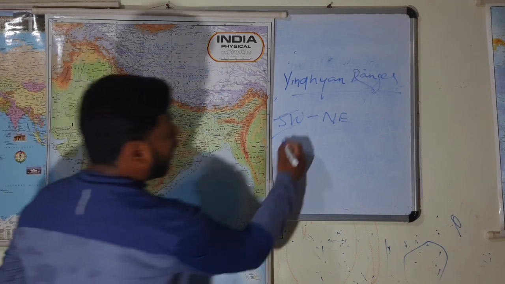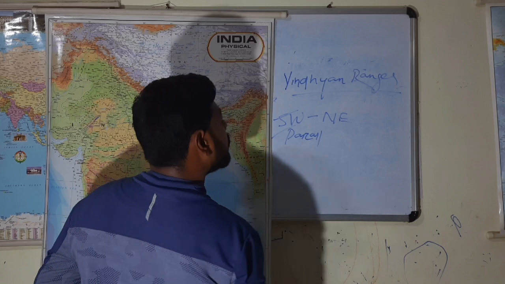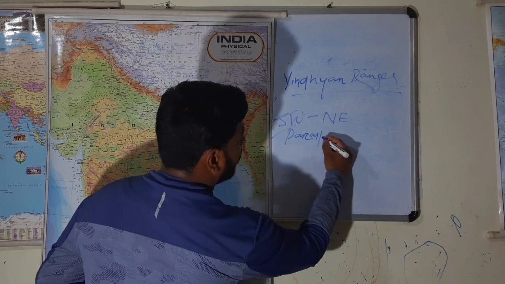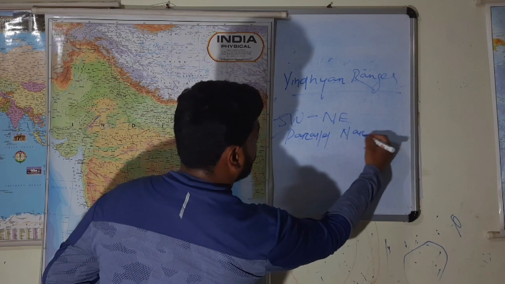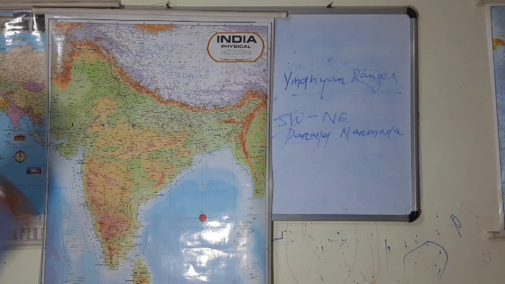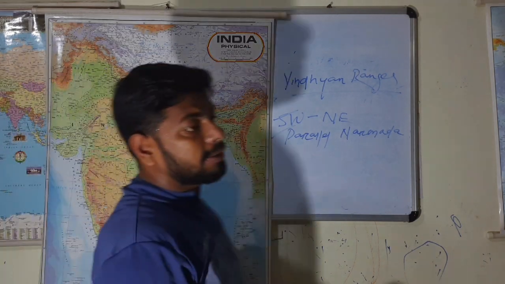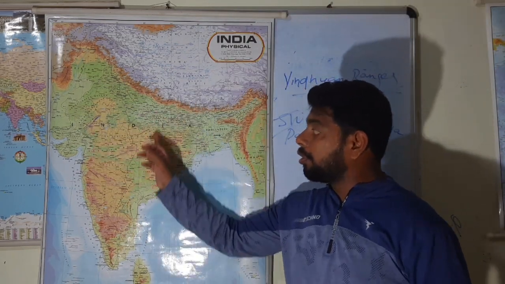And it is parallel to one of the major west flowing peninsular rivers. Parallel to which river? Narmada. Fine. Note it. So the Vindhyan ranges mainly slope from southwest to northeast.